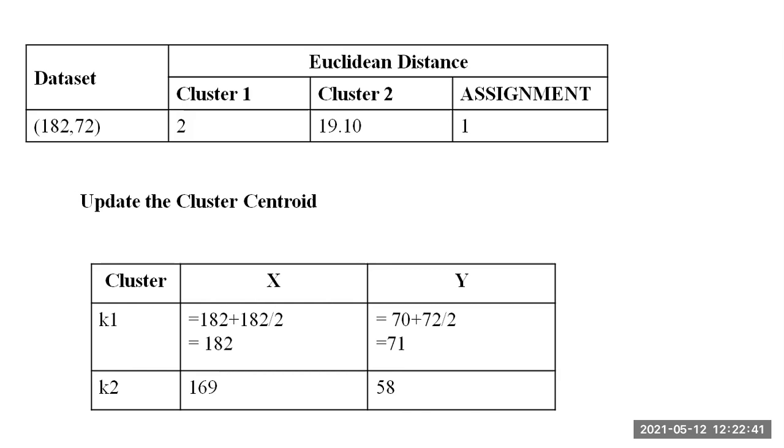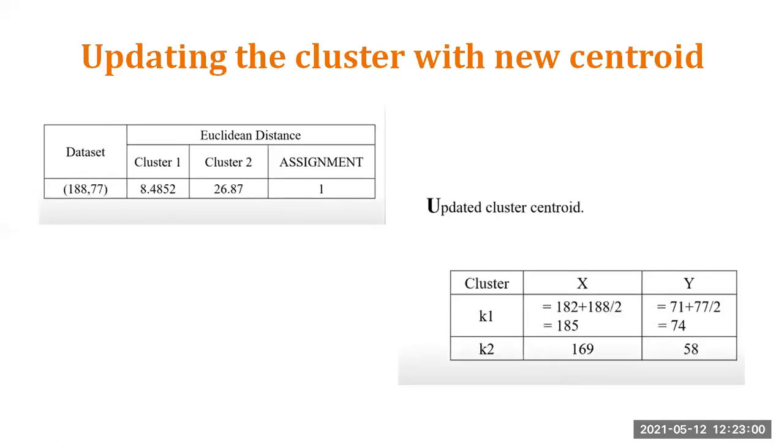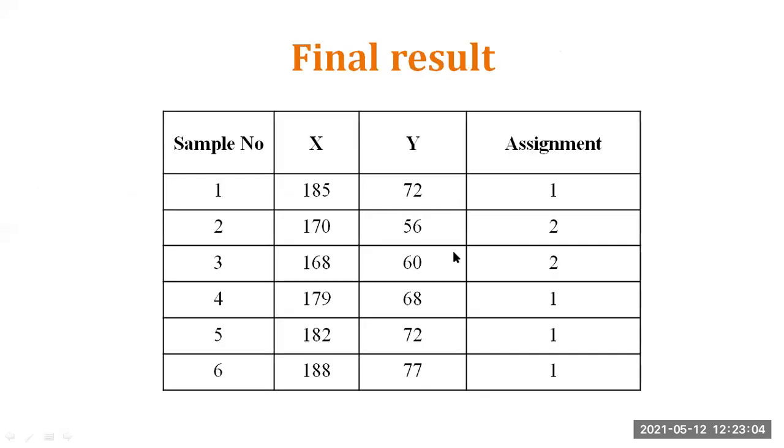Every time a data point comes into a cluster, its centroid value should be updated. Likewise, for the new value 188 comma 77, we calculate the distance from the new centroid values of cluster 1 and cluster 2 and assign it to either cluster. Finally we can see the assignments here.